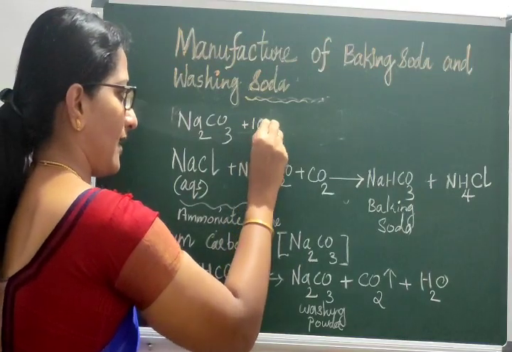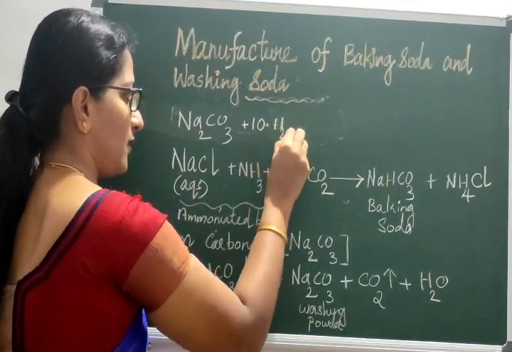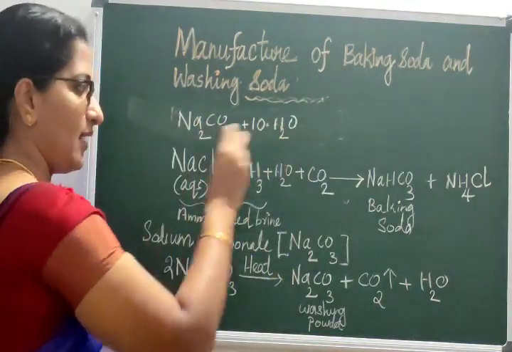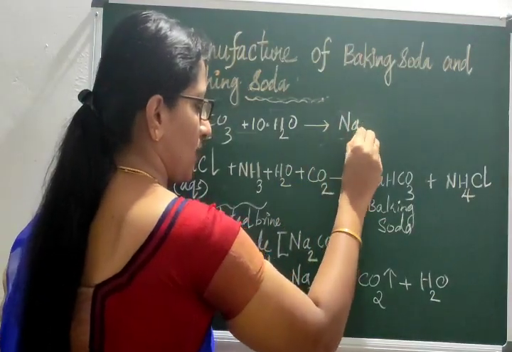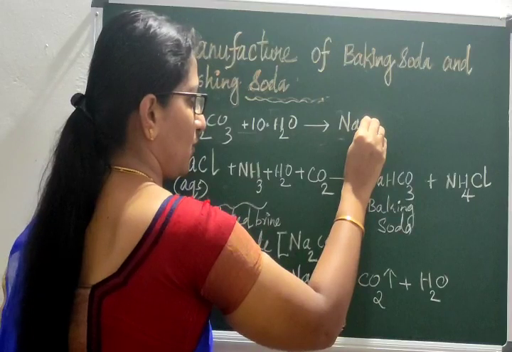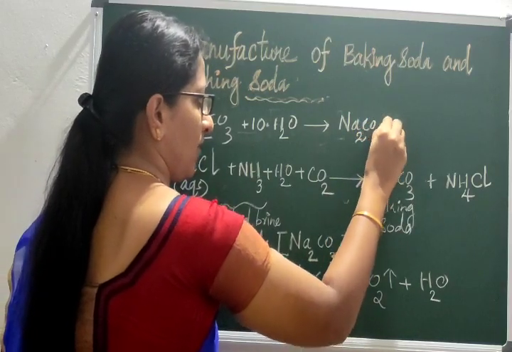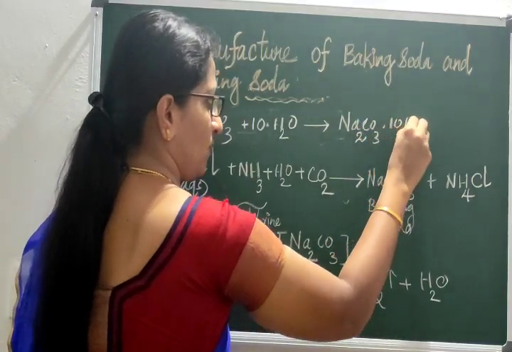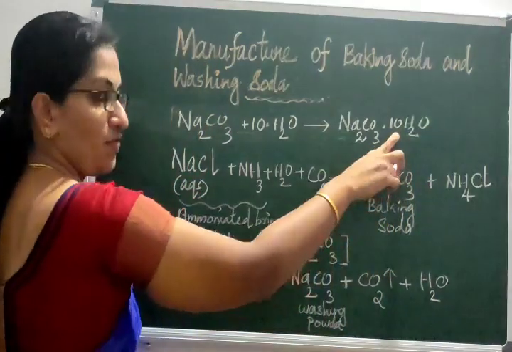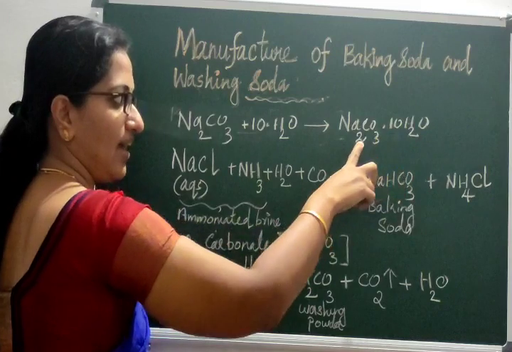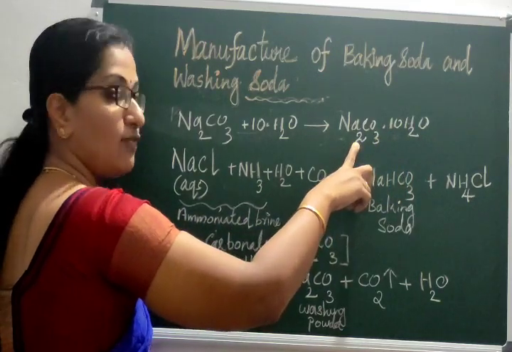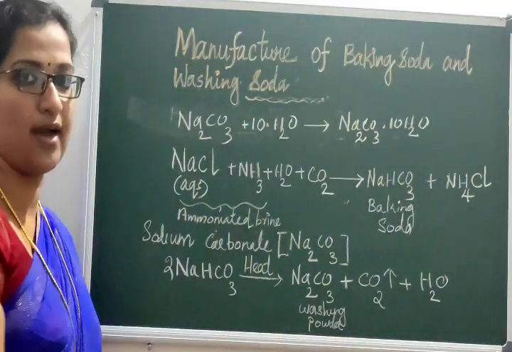Here we need to add 10 molecules of water to the washing powder. At that time you will get washing soda. Washing soda is nothing but Na2CO3.10H2O. This 10 is the water of crystallization, because 10 molecules of water are attached to a single formula unit of sodium carbonate.